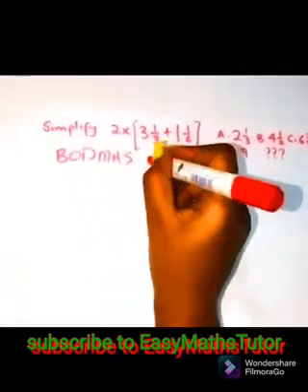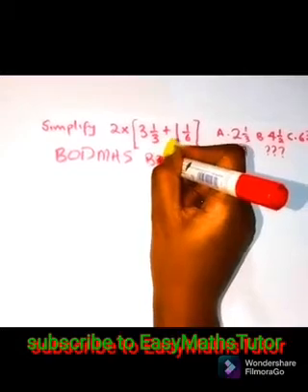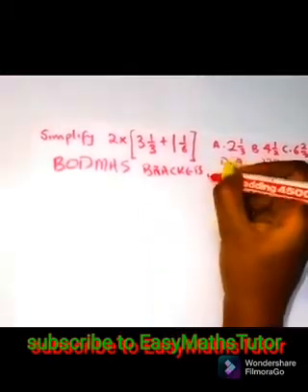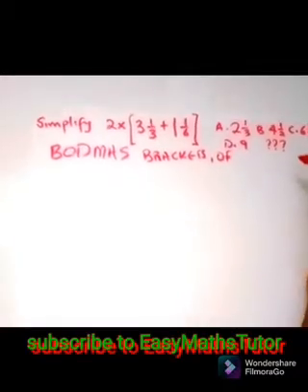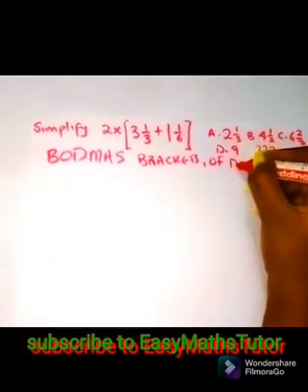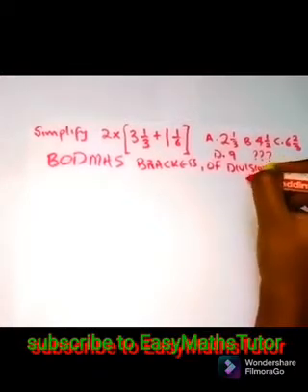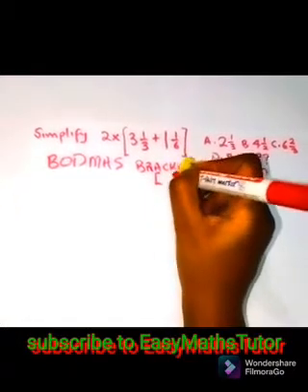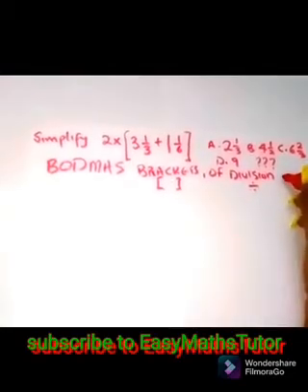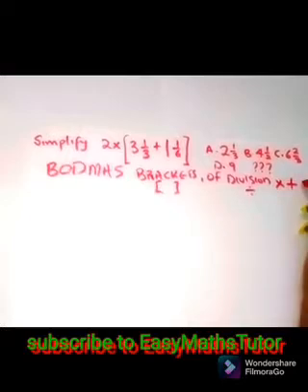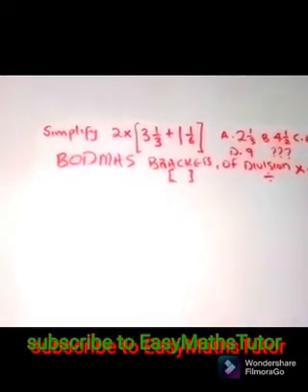BODMAS stands for B for brackets, O for of or multiplication, D for division, M for multiplication, A for addition, S for subtraction.